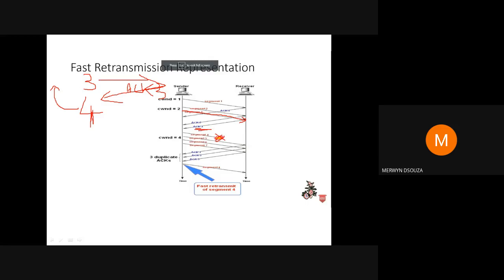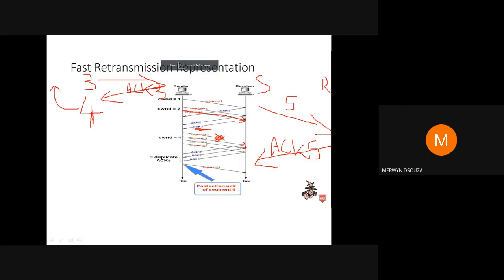Now when segment 5 has been received successfully, in the ideal case, the receiver would reply with an acknowledgement for segment 5.